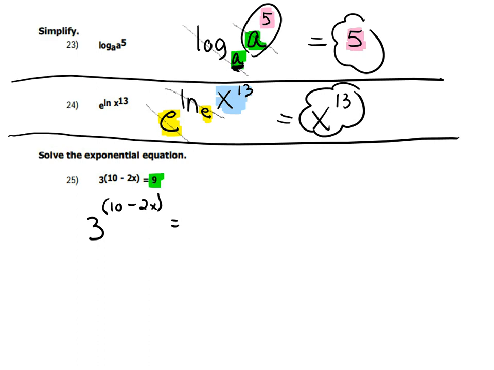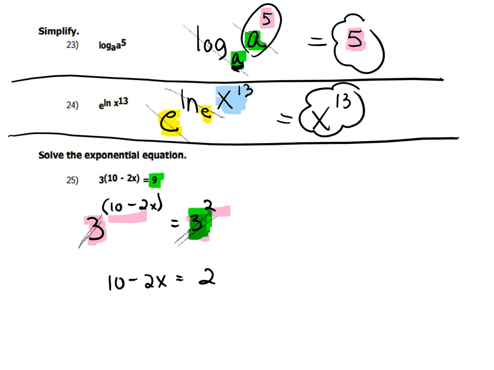The 9 is going to change to a 3 squared, so that now I have the exact same base. I have a 3 to the this equals a 3 to the that. So you're just going to drop your bases, see ya, and let your this, the 10 minus 2x, equal your that, which is the 2.